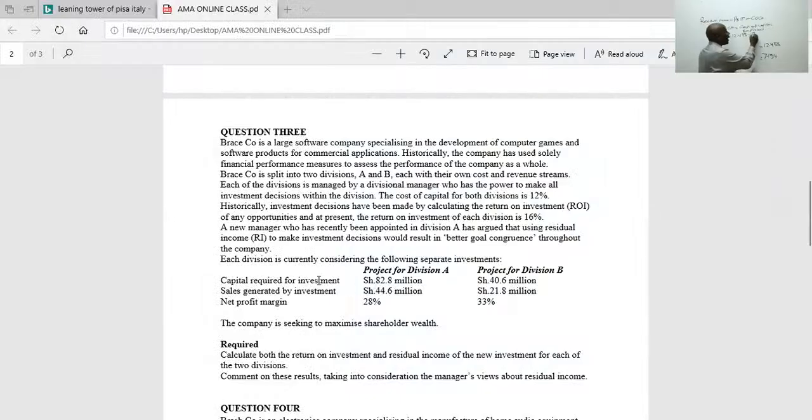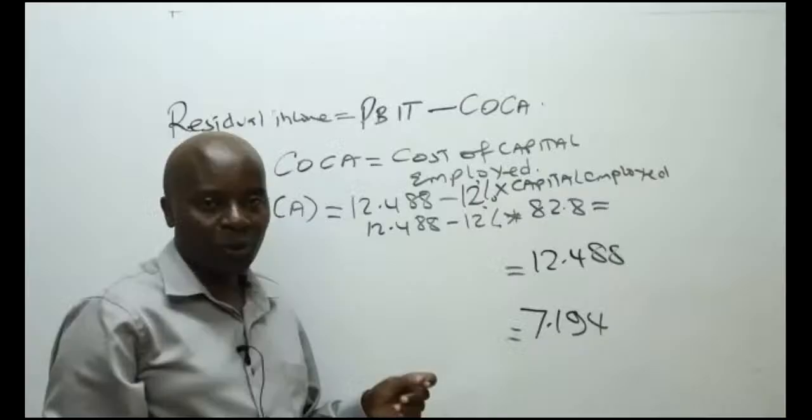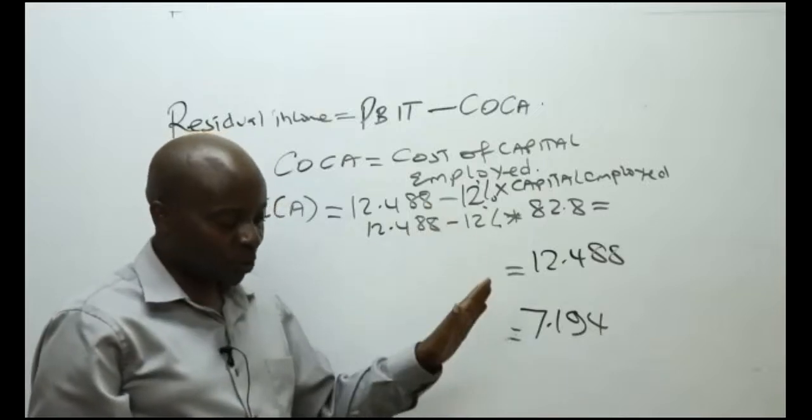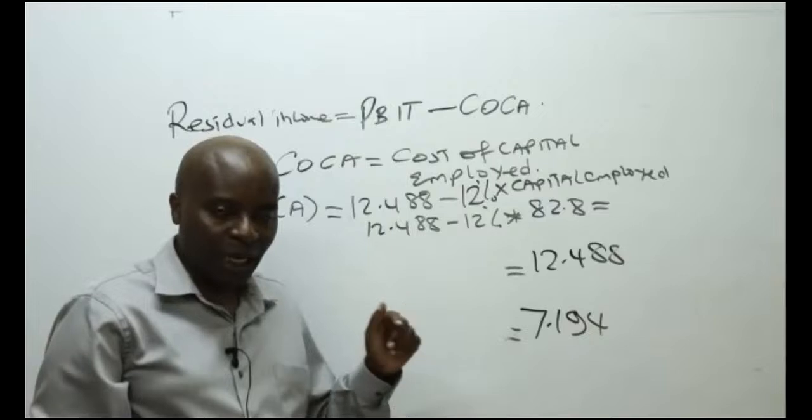So it will be 12.488 minus 12% times the capital employed. And what is the capital employed? Capital required for A is supposed to be 82.8 million. We should be able to get residual income: this minus 12% times 82.8. Please give us a figure, and we put it down.